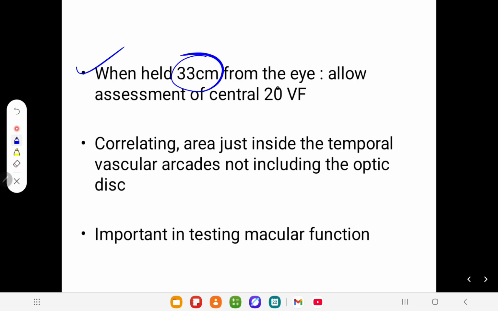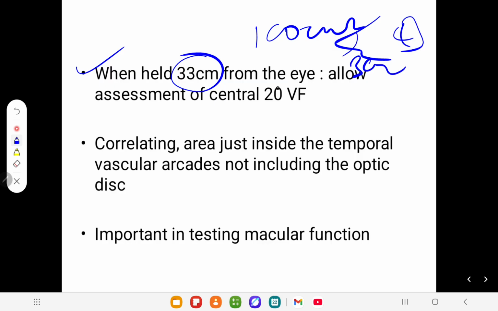The Amsler chart must be held at 30 centimeters. It is a very frequent MCQ question. It must be held at the working distance, or viewing distance, of 30 centimeters. If you put a 10 by 10 centimeter card at 30 centimeters distance, it covers 20 degrees of the central visual field.